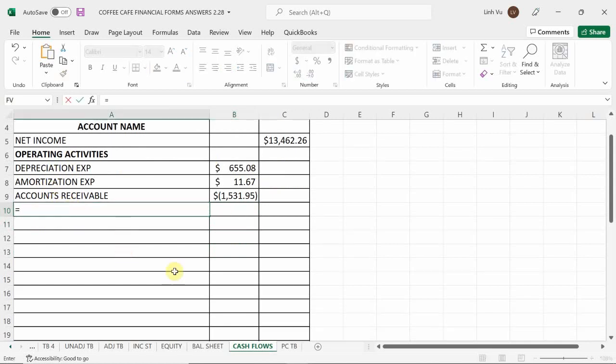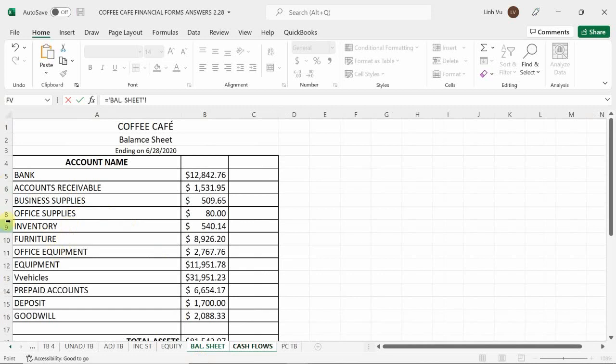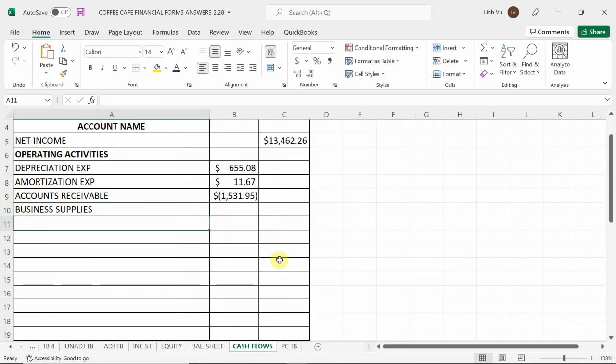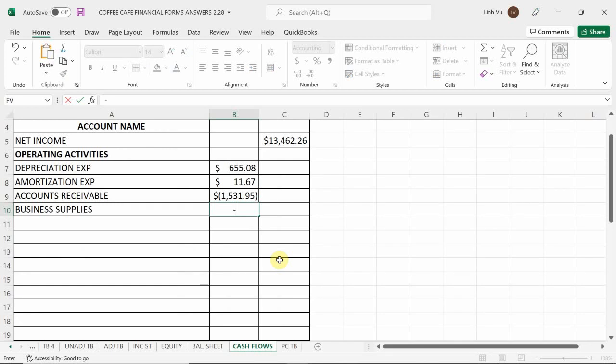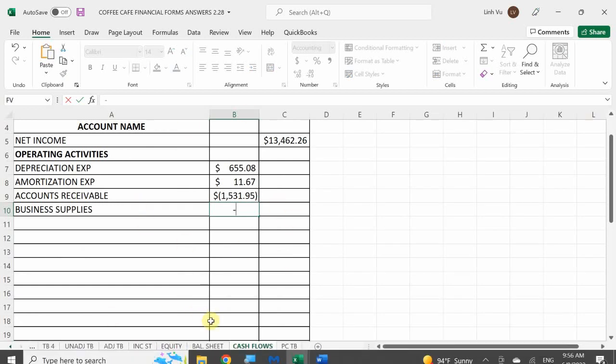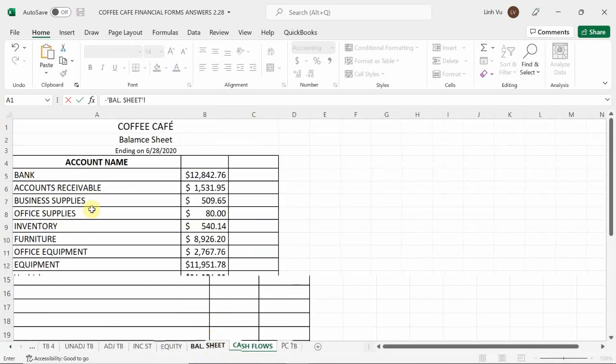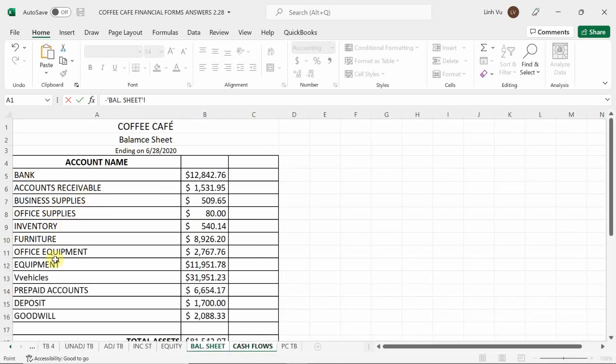Okay? Next thing on the list in my current assets is business supplies. Now, how do we understand this? Well, let's take a look. In this case, I already spent the money. When I have my cash, did I use my cash to buy these items?